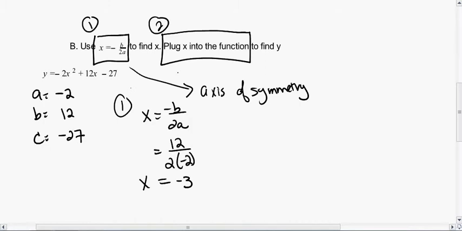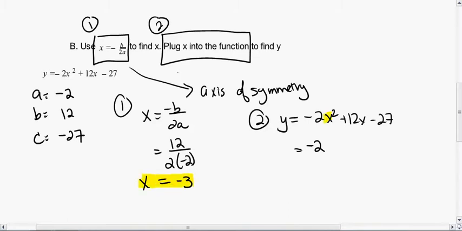Now I'm going to need to find the y value, or the y coordinate, and I'll do that by substituting my x value back into the original function. So I have to plug it back into y equals -2x squared plus 12x minus 27. I'm substituting -3 back in for the x. -2 times -3 squared plus 12 times -3 minus 27 is going to give me my y.